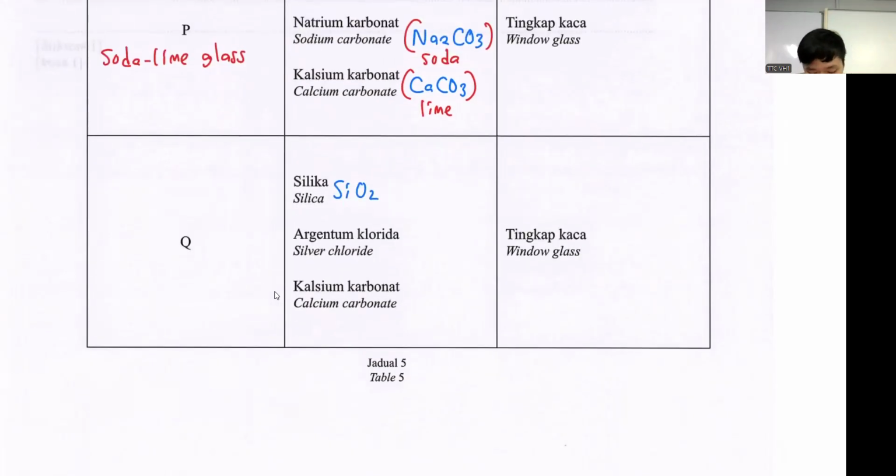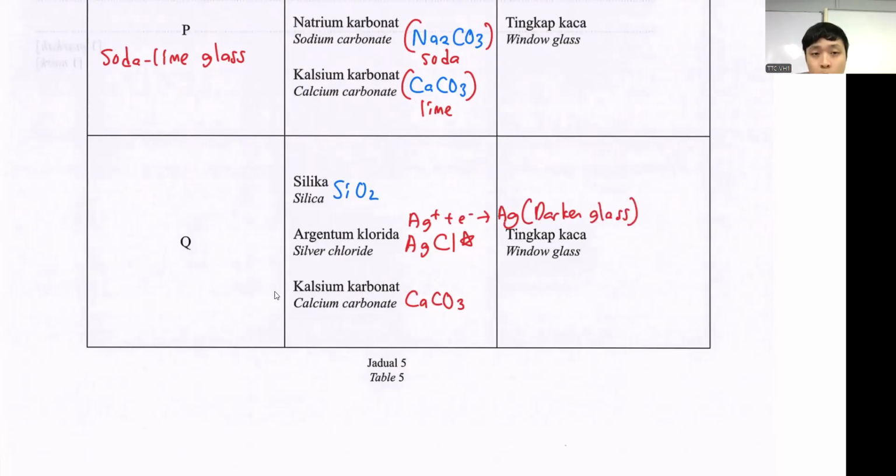Then Q has silver chloride and also calcium carbonate. The key point is silver chloride. Silver chloride contains Ag+. When Ag+ receives an electron and becomes Ag, this can darken your glass.